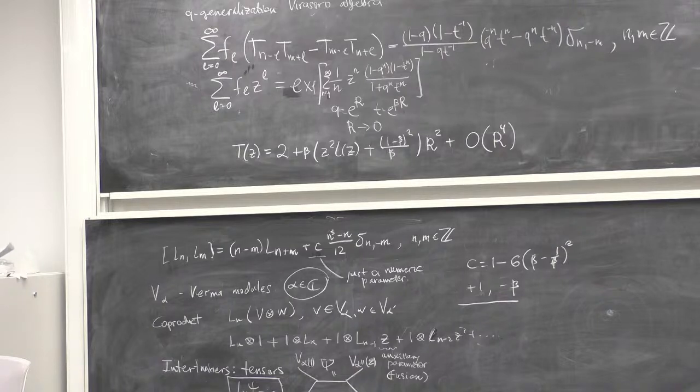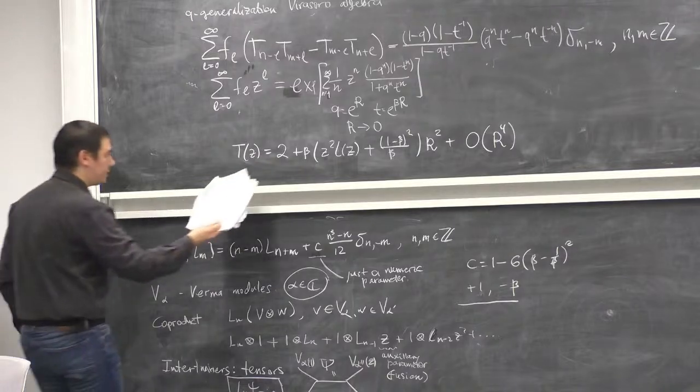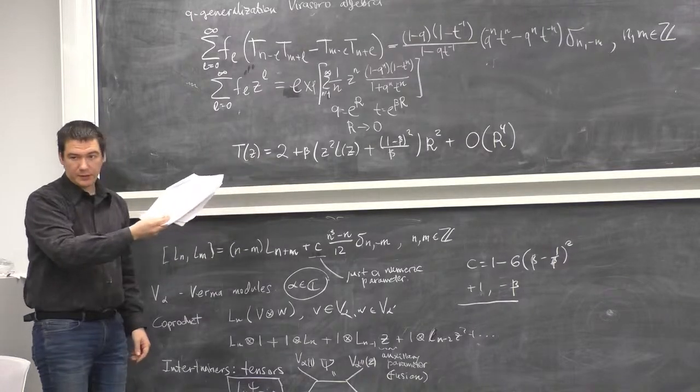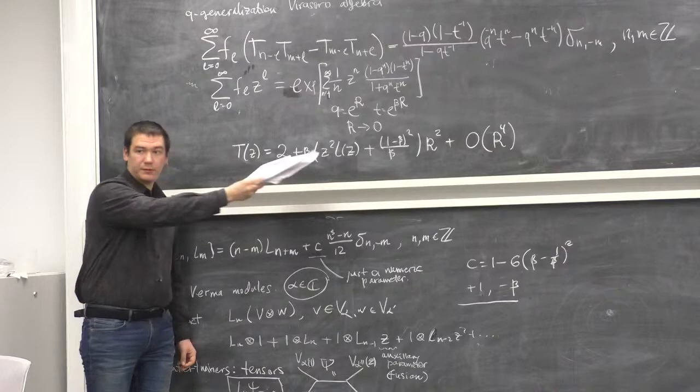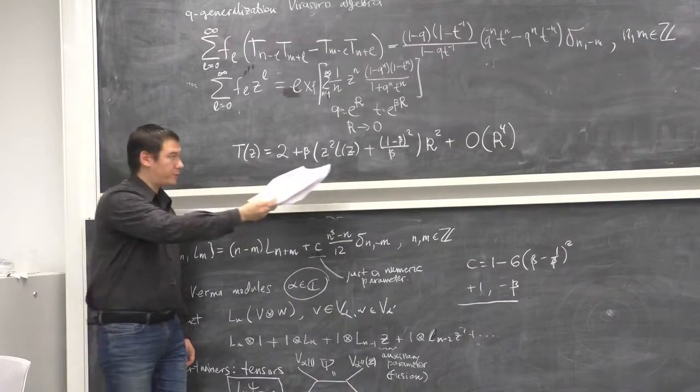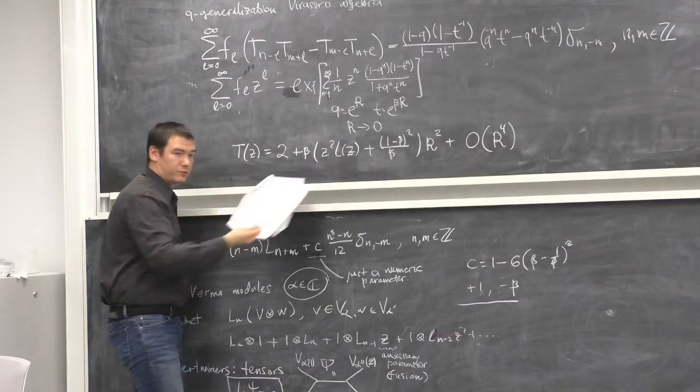In the completely leading approximation, this is nothing. But in the first two leading orders, you recover the Virasoro algebra.